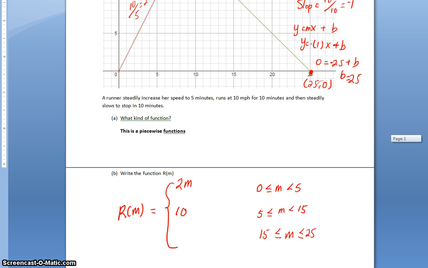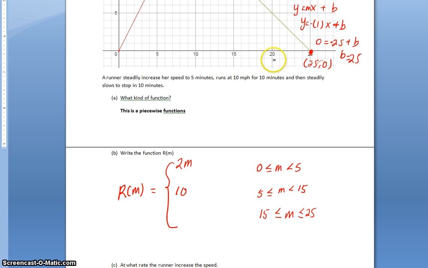Great. From there, we know our function is negative x, because the slope is negative 1, plus 25. So that's our function.